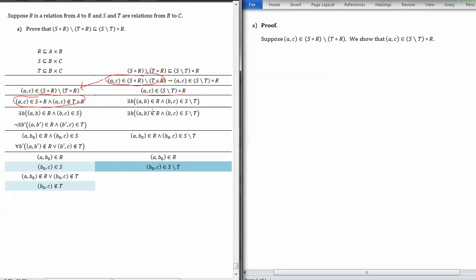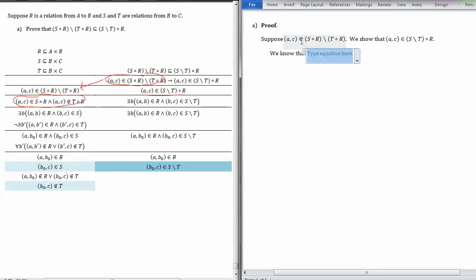And let's write that first. It's a good start. So I just say we know that, based on what we're supposing up here, AC is in S composed with R, and AC is not in T composed with R.